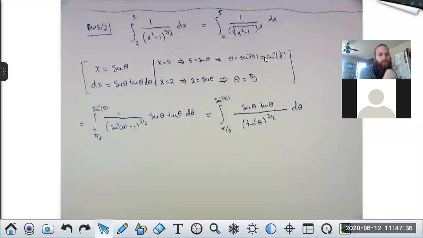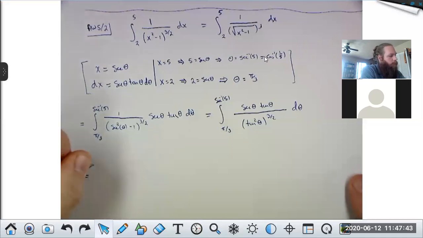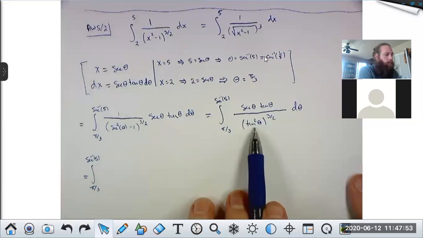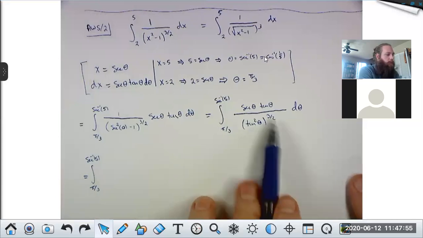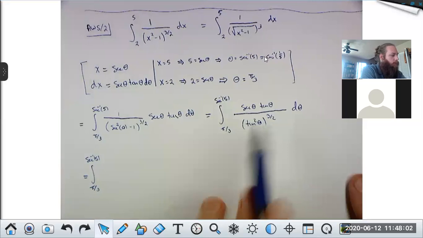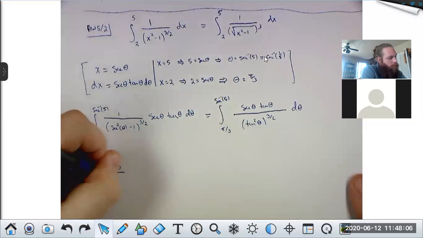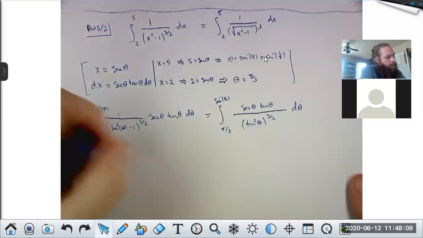Okay, tan squared theta raised to the 3/2. This is tangent theta all squared raised to the power of 3 over 2. That's tangent raised to the 3/2 times 2, which is tangent cubed. So this is secant theta over tan cubed theta d theta.